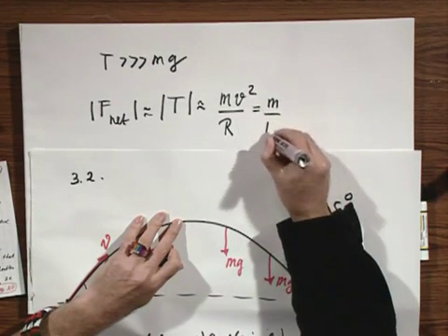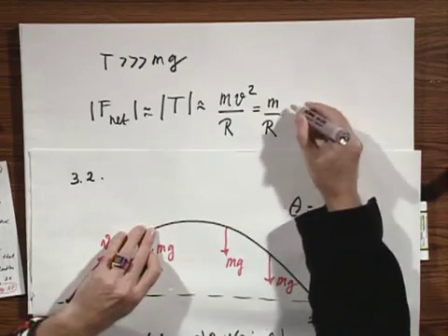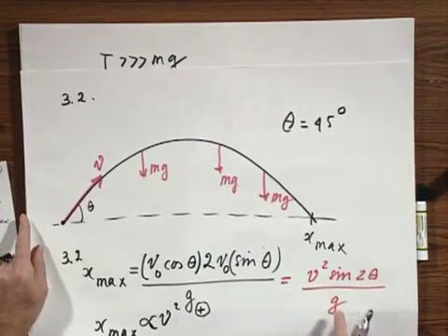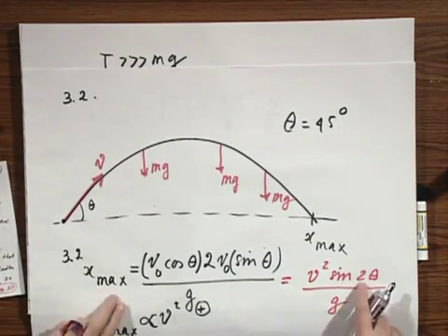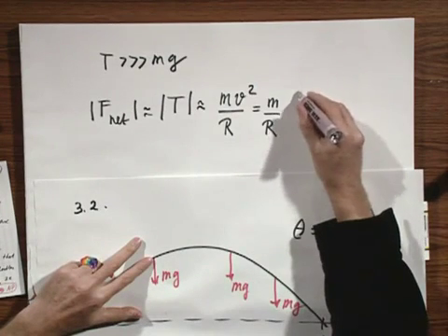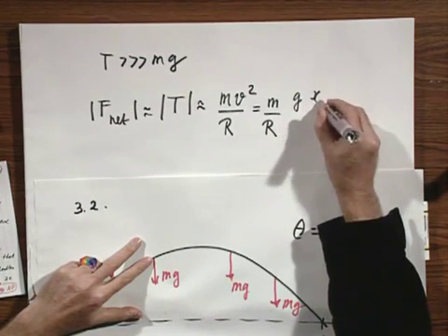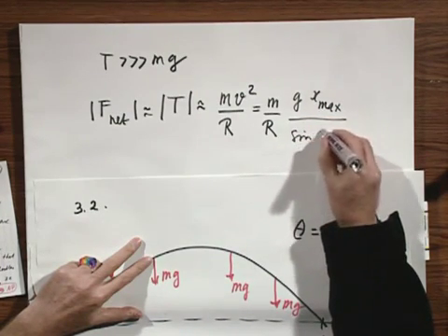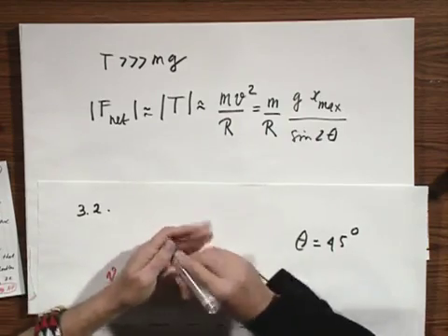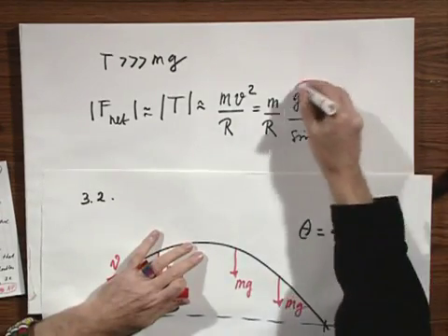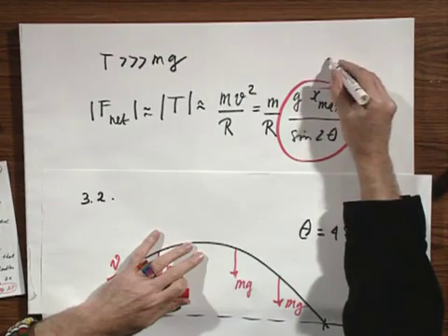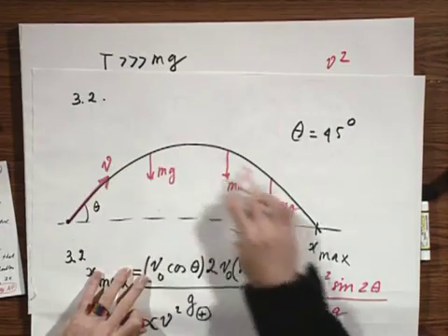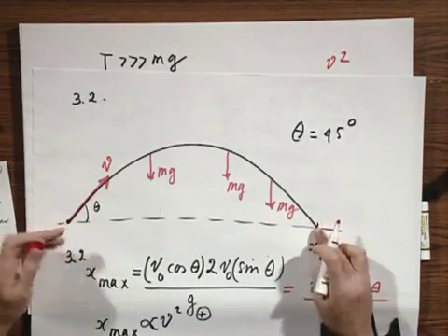So this equals m divided by r, and for this v squared, which I have here, I write down g times x max divided by the sine of 2 theta. I'll take the case that the object reaches the farthest distance possible.